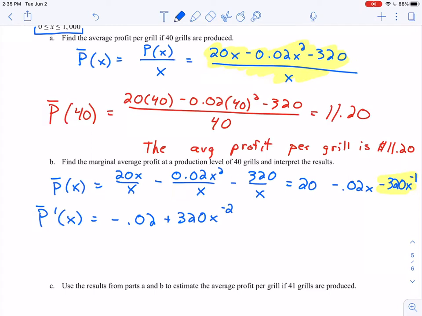Now you could leave your answer like this, or if you wanted to, we could say negative 0.02 plus 320 over x squared. I think that this is easier to work with algebraically because the next part of our problem, we want to take x equals 40 and evaluate this function at x equals 40. We're going to plug that in.